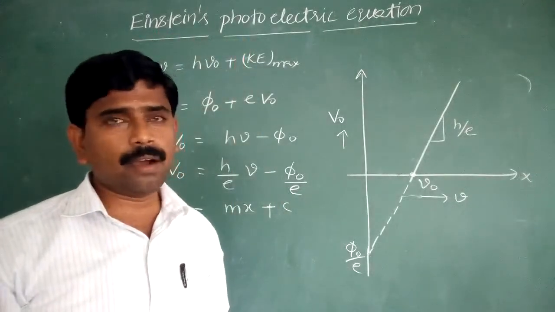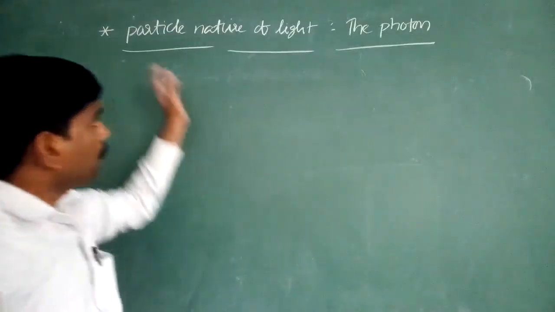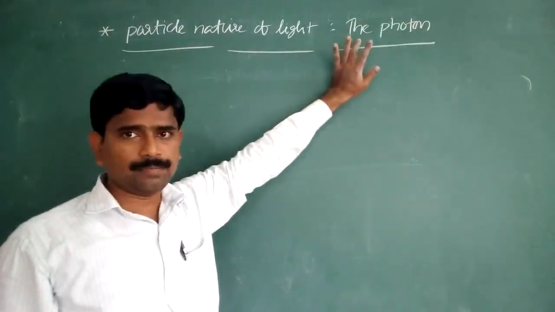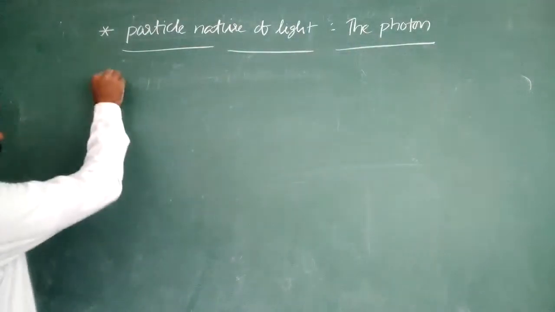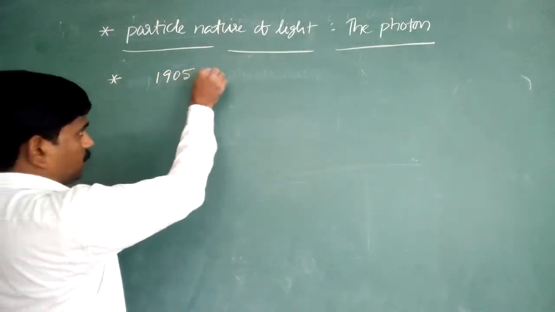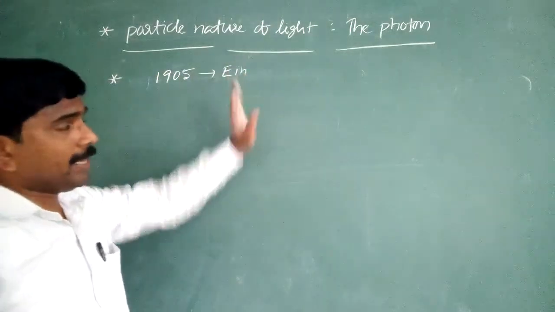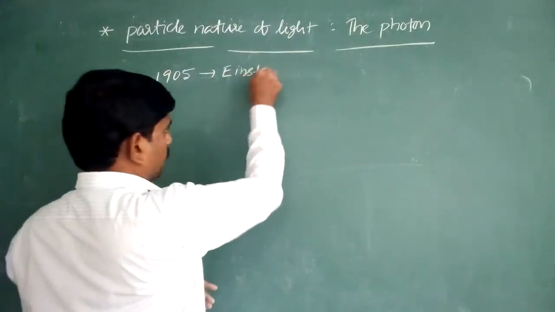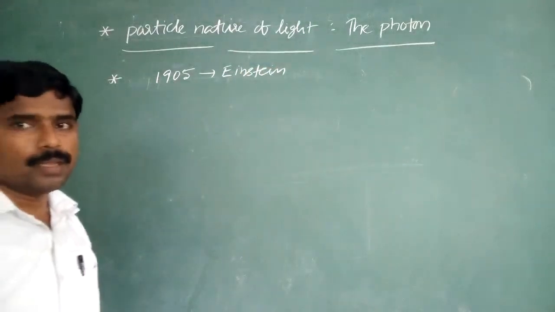That is regarding the Einstein photoelectric equation. Next one is the particle nature of light, that is the photons. So first of all, who proposed this particle nature of light? In 1905, Mr. Albert Einstein proposed the particle nature of light.